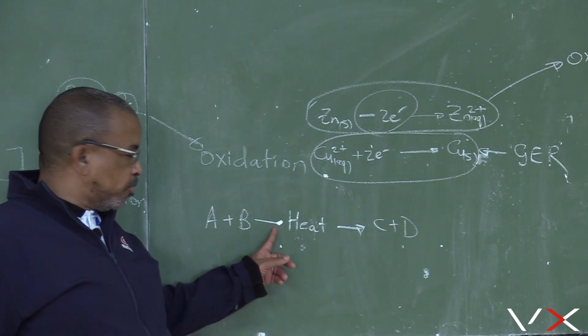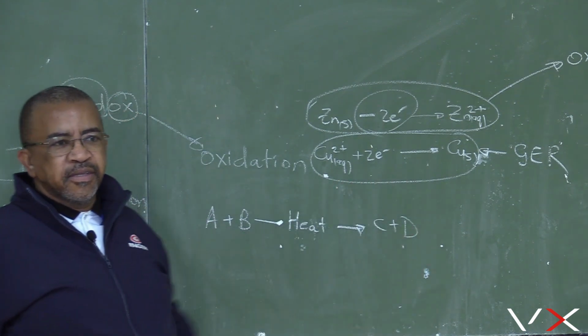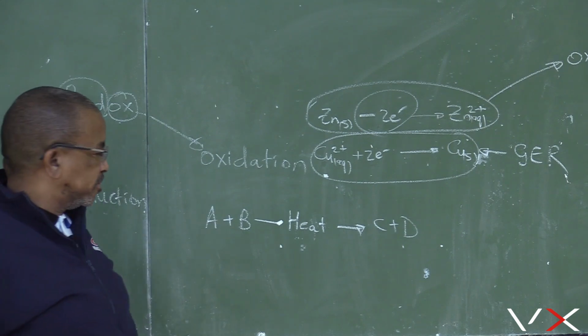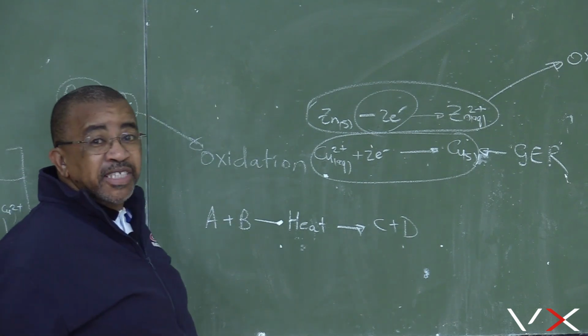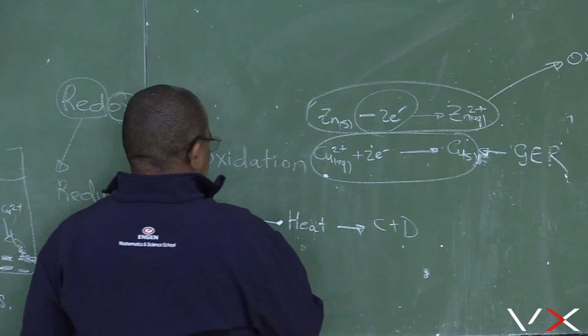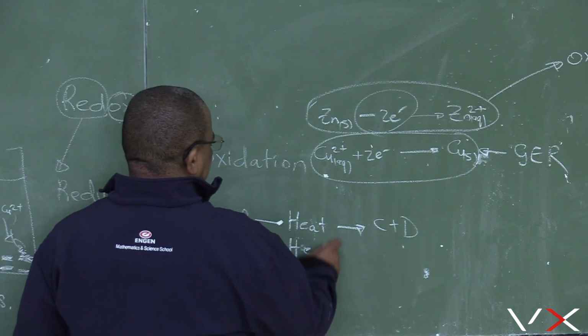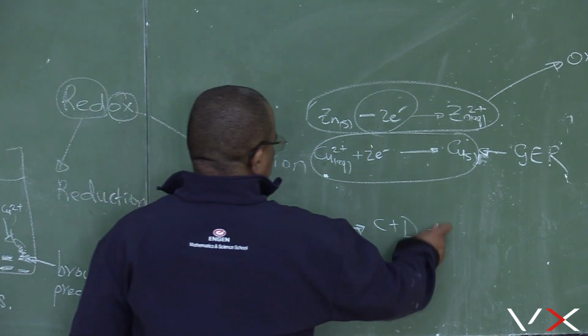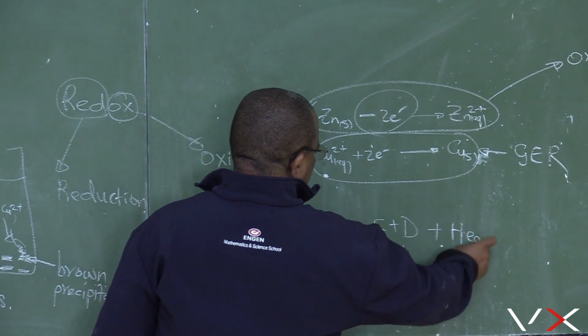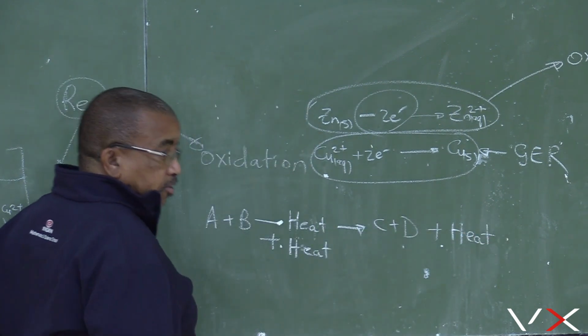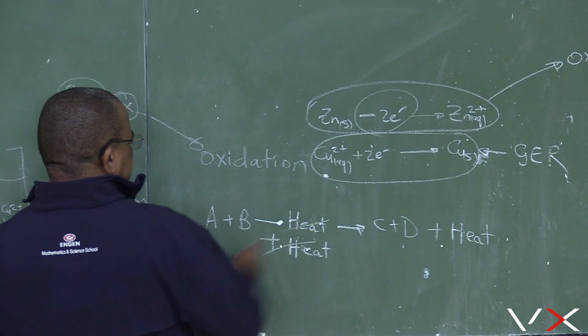If I take this heat, because it is negative, I move it to the other side, it becomes positive. Mathematically, it is an additive inverse, what I do is add to cancel heat.